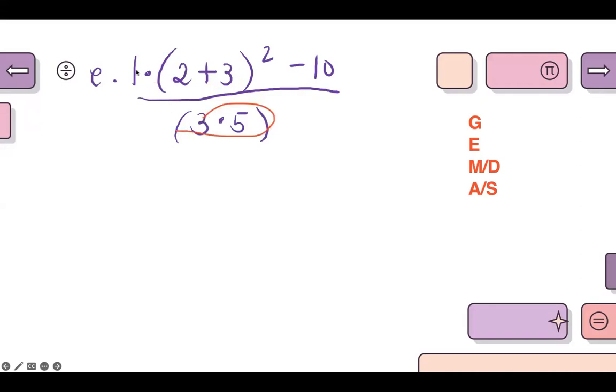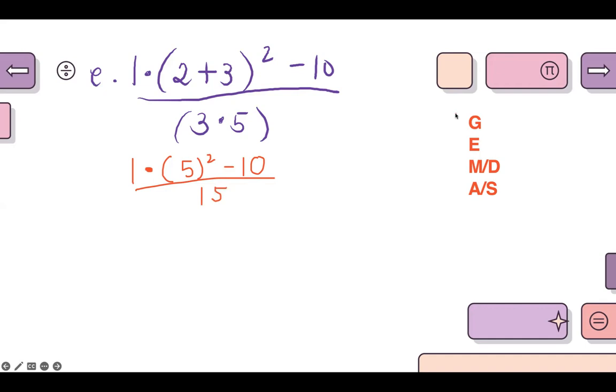Let's solve for them. So let's copy 1 times 2 plus 3 is 5 squared. So let's just simply copy the exponent. Then copy the remaining number minus 10. In our denominator, we still have grouping symbol. So let's simplify that. 3 times 5 is 15.